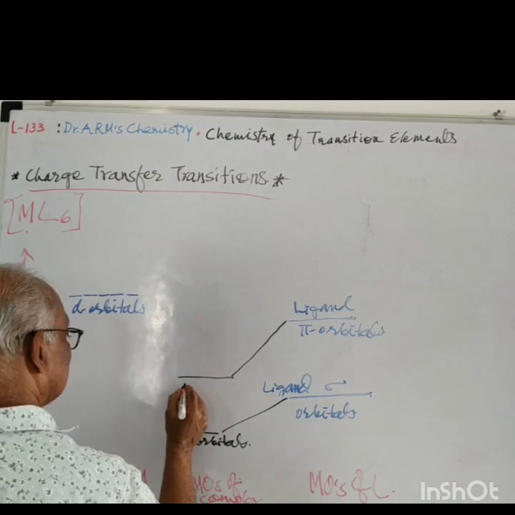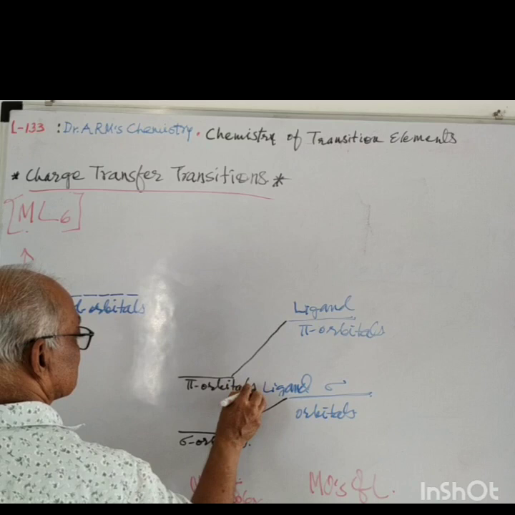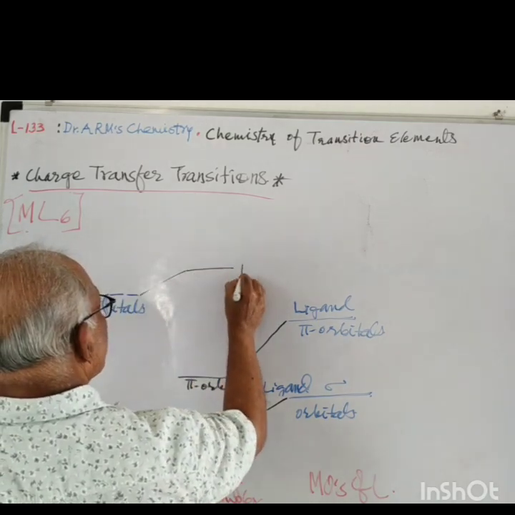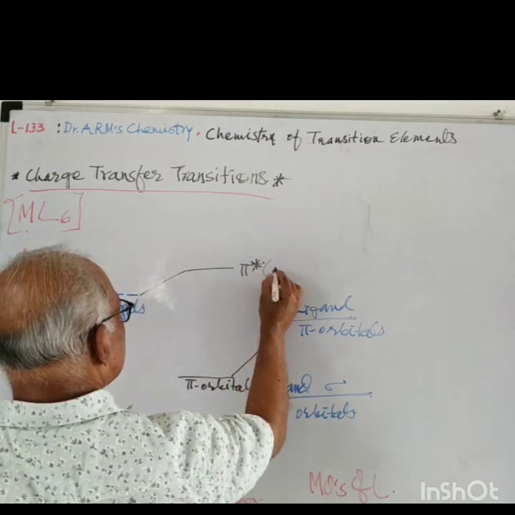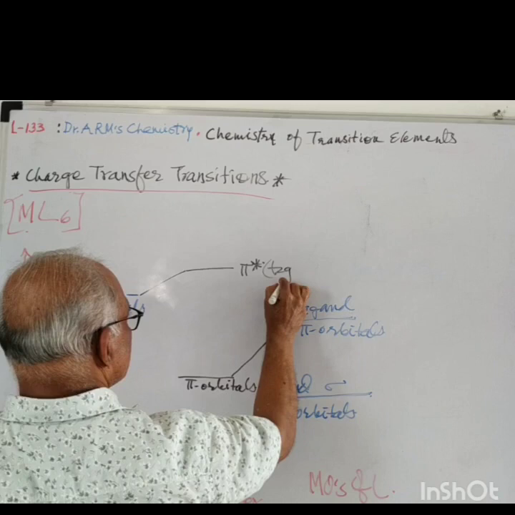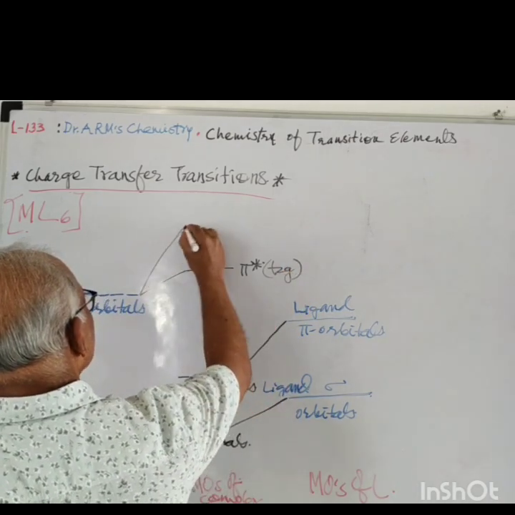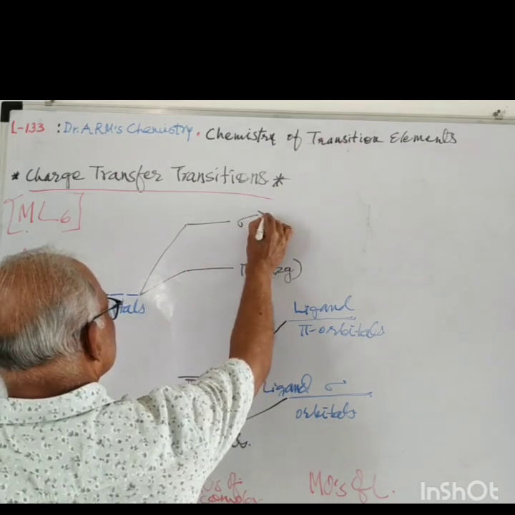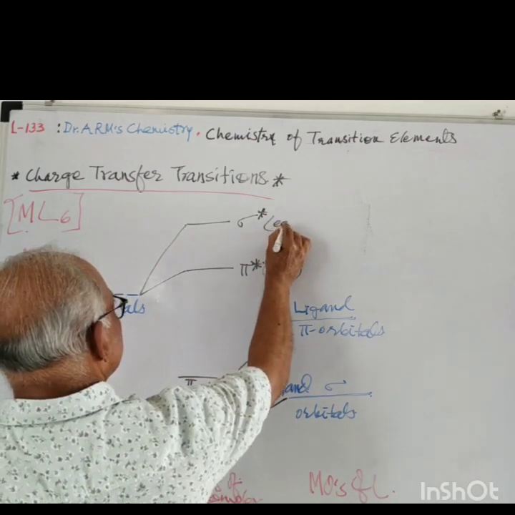So we can show that these are pi orbitals. The metal orbitals are converted into the pi star orbitals, which are mainly of T2g nature, and these also produce the sigma star orbitals, which are of Eg nature.